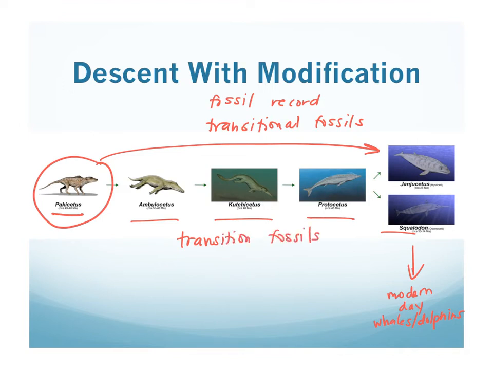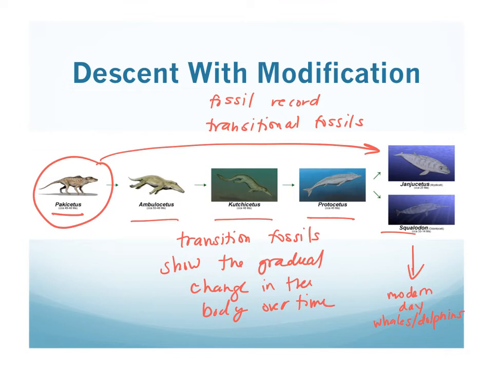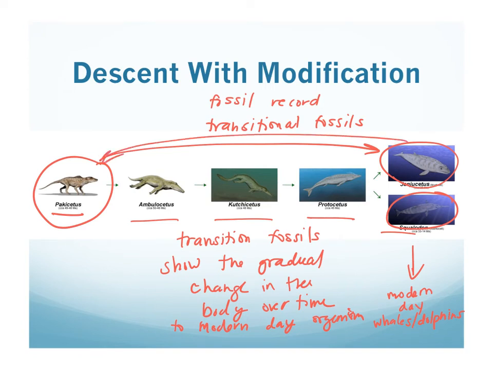And they show the gradual change in the body over time to the modern day organism. And that's what these transition fossils do. So there is descent. So this organism and this organism are descended from Pachycetus, with modification, change over time.